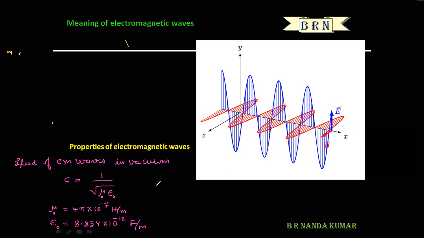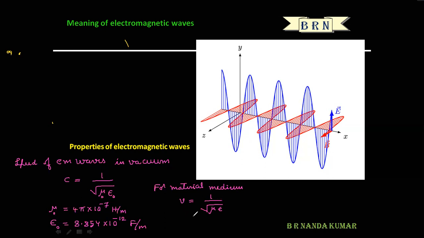This is in vacuum, but for a material medium, v equals 1 divided by the square root of mu epsilon. Mu is the permeability of the medium, which determines the strength of magnetic field lines in the material medium. Epsilon is the permittivity of the material medium, which determines the strength of electric field lines in it.